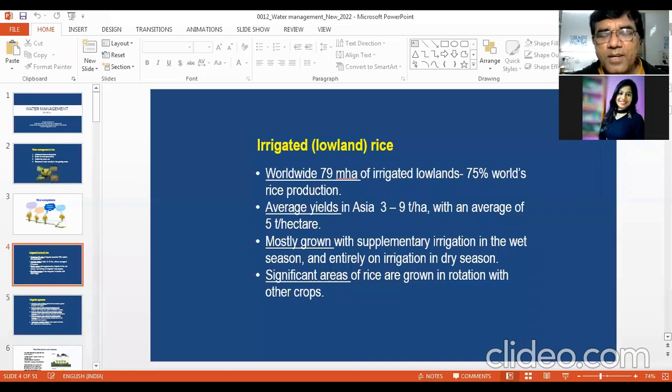If you remember, 86% of rice production comes from the wet or Kharif season. That is the major season. In that season, in irrigated rice, water supply is by rainfall plus irrigation, so one can go for supplemental irrigation during the wet season. And significant areas of rice are grown in rotation with other crops.